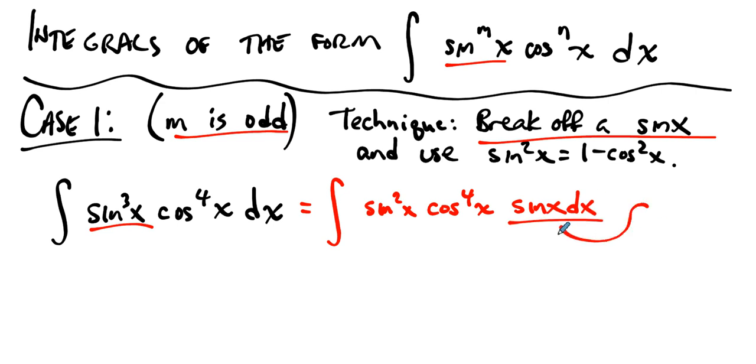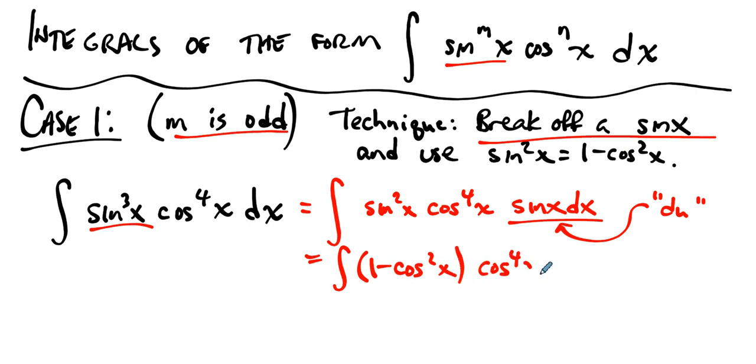We're going to make this function like the du. How can we do that? Well, what's the function whose derivative has a sine x in it? Cosine x has a derivative that's negative sine x. So cosine's great there, but that's not a cosine. So we use the fact that sine squared x is 1 minus cosine squared x.